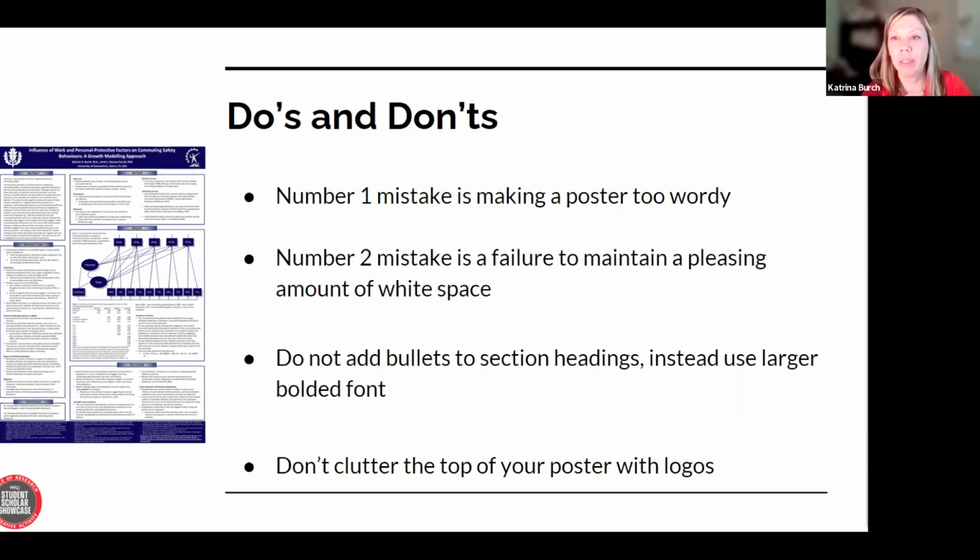I tend to include a logo for the university, and then I also include a logo of the granting agencies that have supported my research, but you definitely don't want to get too overzealous with those logos.